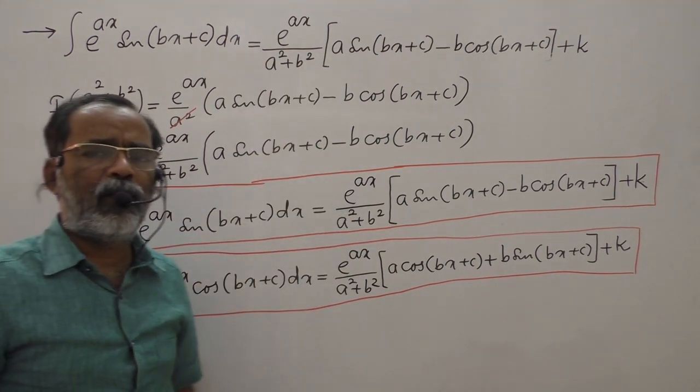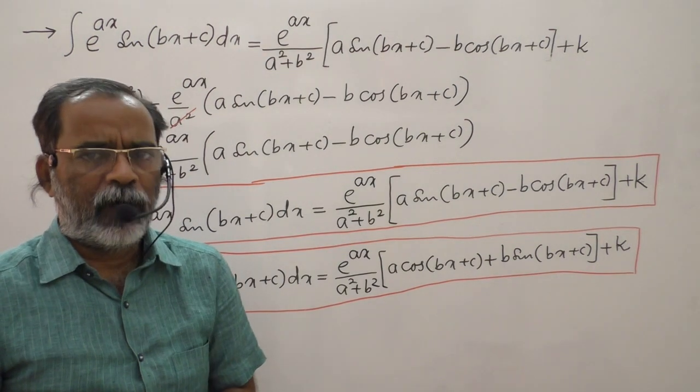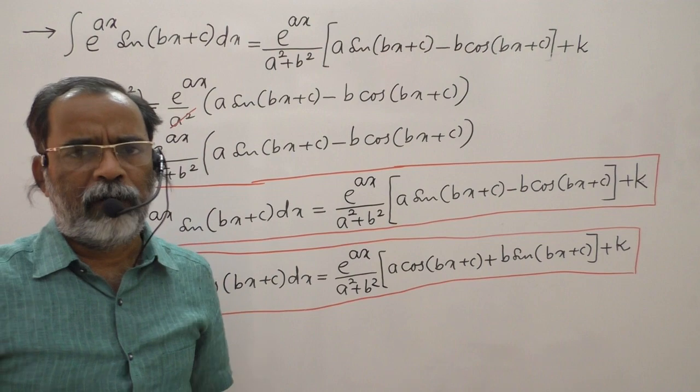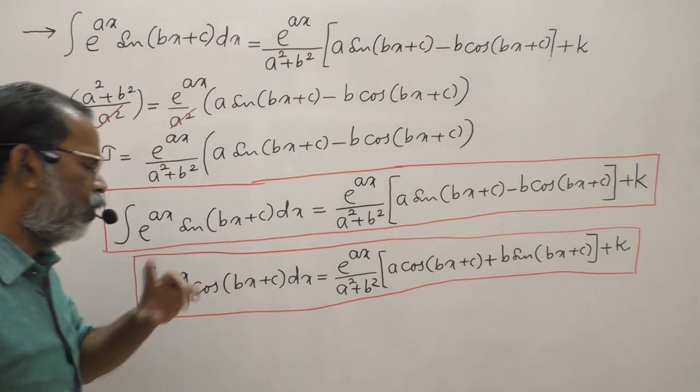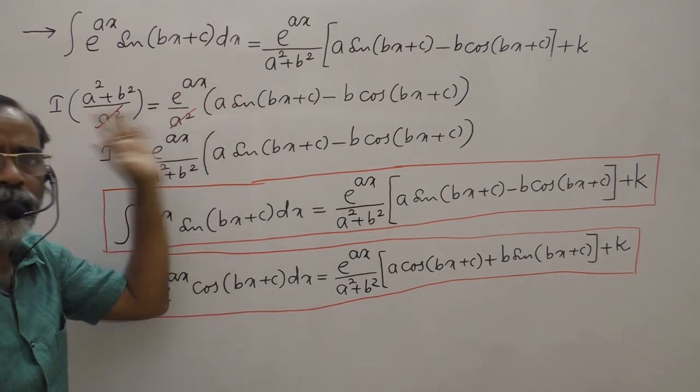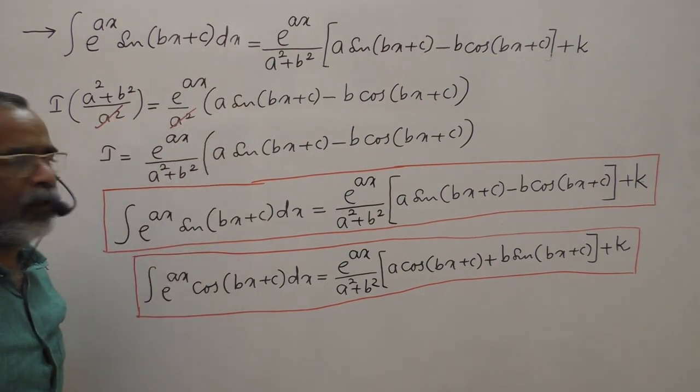So I am not including those in the list of formulas. My intention is to get the minimum number of formulas so that those can be found using integration by parts in the same manner, same procedure.